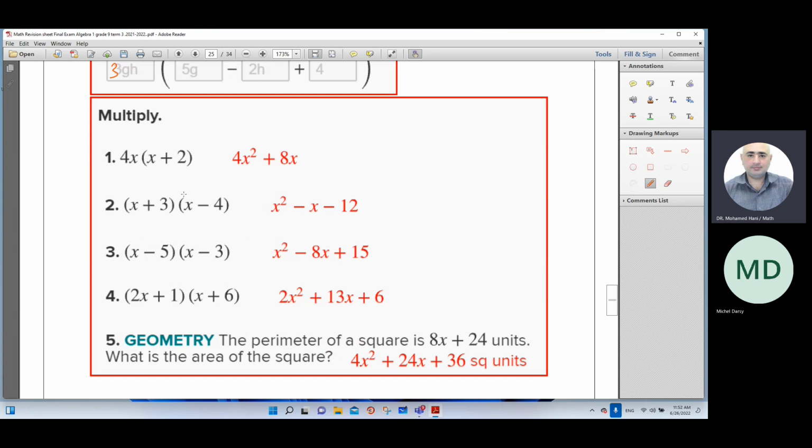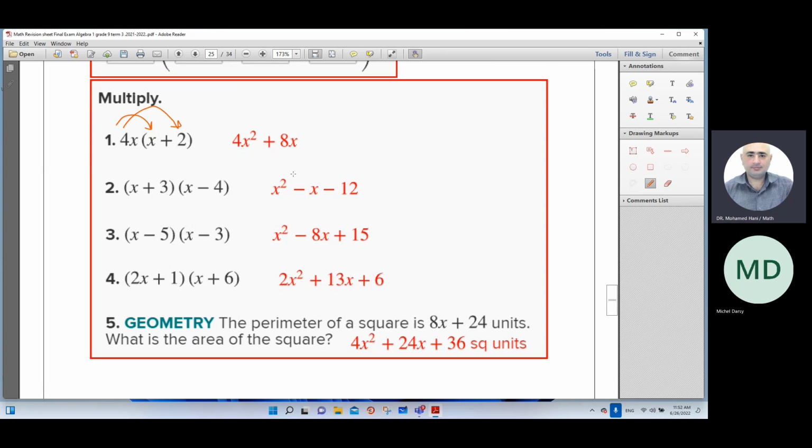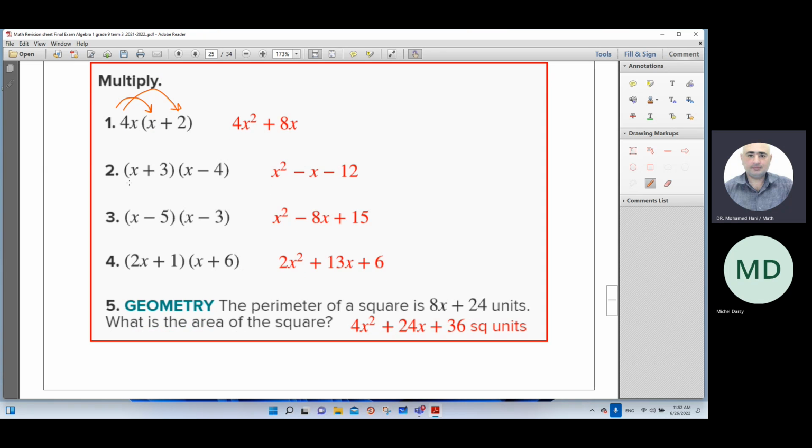And here we want to use the distributive property to multiply. So 4x times x will be 4x squared, and 4x times 2 will be 8x. Here the same idea, we can take x, then multiply x by all monomials inside the second brackets.